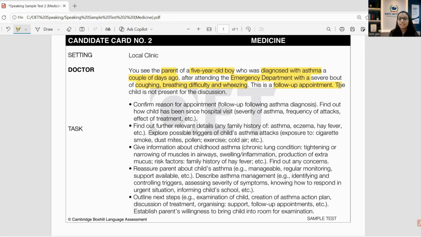Okay, so as I said, you connect with the scenario. Just imagine that you are about to speak with a parent who has had bad nights because of the child's asthma attack. They are here for the follow-up, waiting for your answers, your responses, expecting reassurance from you.